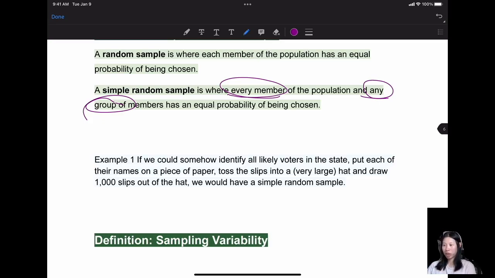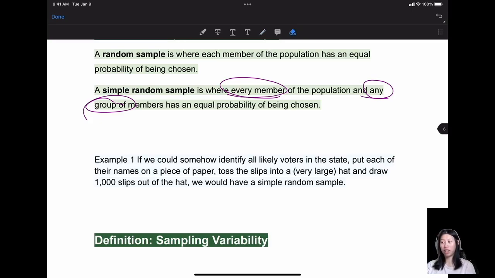Okay, so now, however, even a random sample might end up not being totally representative of the population.